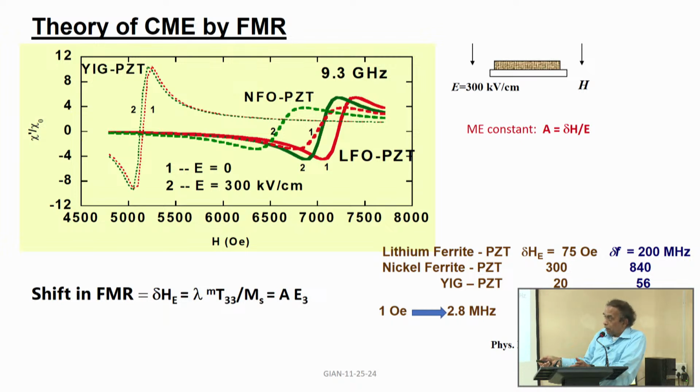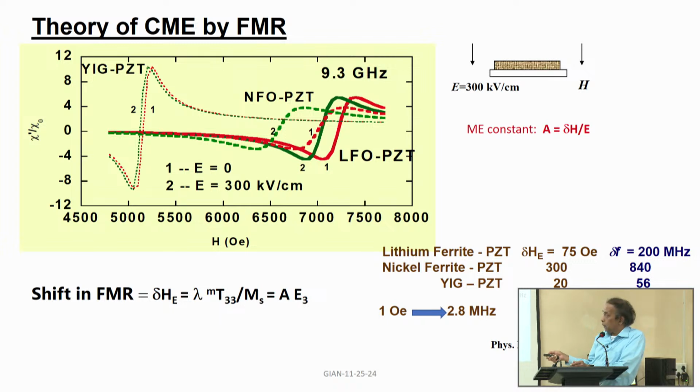And if you do the theory, it is proportional to the product of the magnetostriction multiplied by the stress parameter T33, and it is inversely proportional to the magnetization of the ferromagnet. So the ratio of the shift in the resonance field to the applied electric field, that is the converse magnetoelectric coefficient.